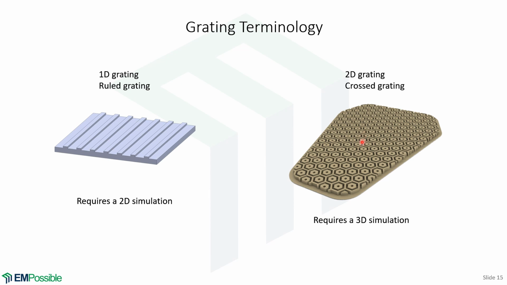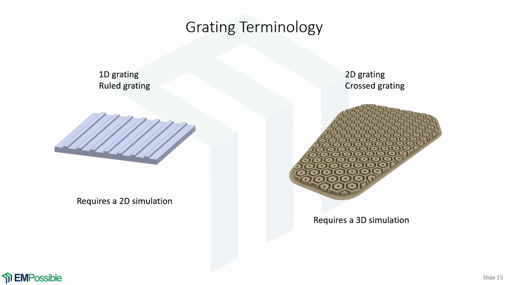Over here is a crossed grating. It happens to be a hexagonal array. This would be called a 2D grating because it's periodic in two dimensions, often called a crossed grating. To simulate these, even though it's periodic in two dimensions, and we call it a 2D grating, it requires a full 3D simulation in order to analyze that. So don't confuse the 1D, 2D stuff.